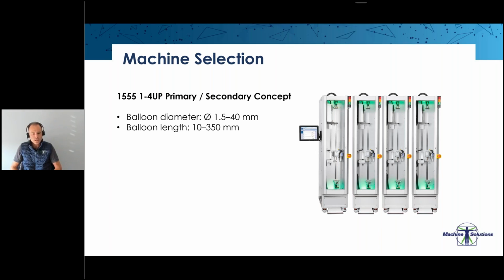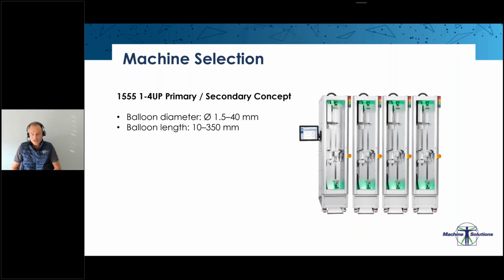This standard machine, the 50-55 1-to-4 up primary secondary concept, allows you to make the whole range of balloons from 1.5 to 40 millimeters in diameter and 10 to 350 millimeters in balloon length.